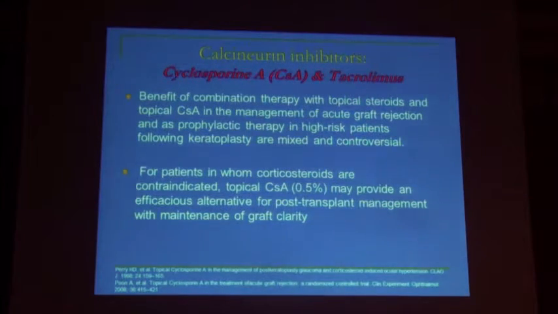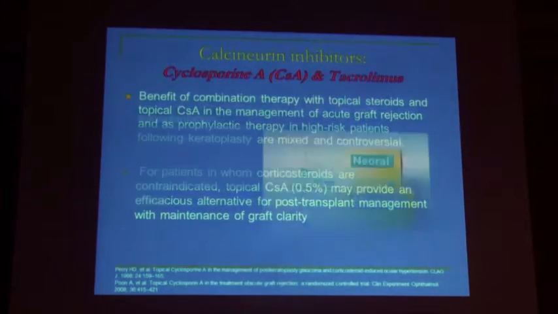For patients in whom corticosteroids are contraindicated, we can use topical cyclosporin 0.5%, which provides an effective alternative for post-transplant management with maintenance of graft clarity. So we can use topical cyclosporin successfully in risky patients who develop increased intraocular pressure with the steroid.